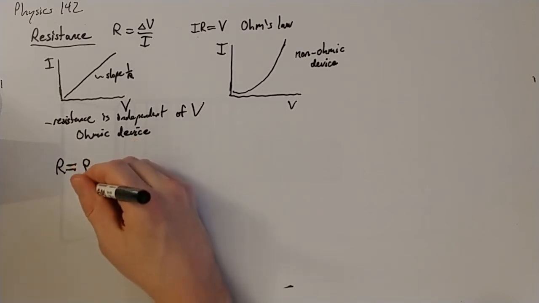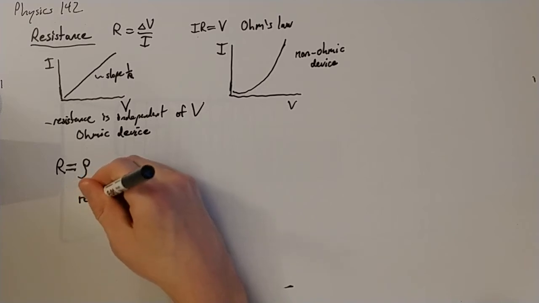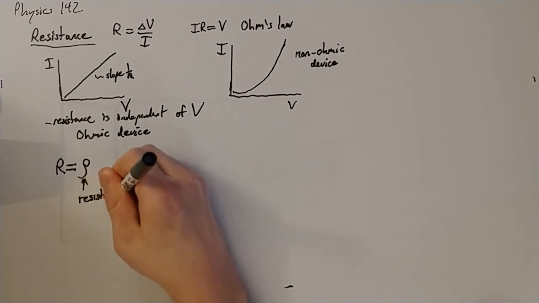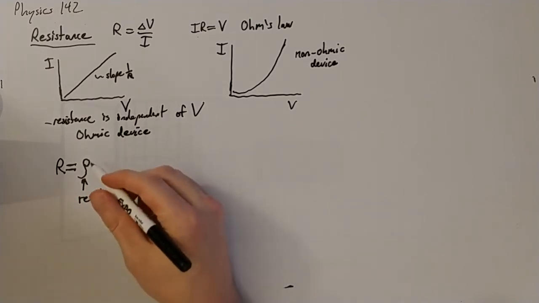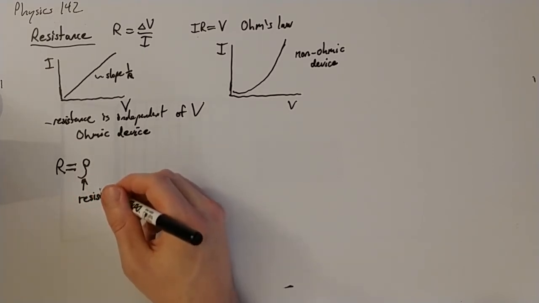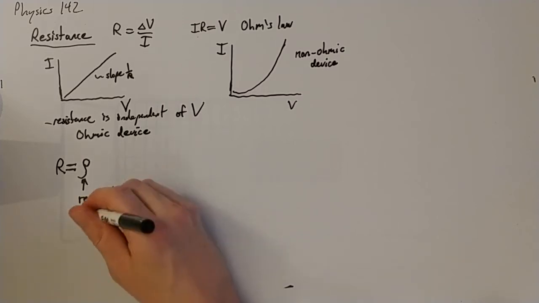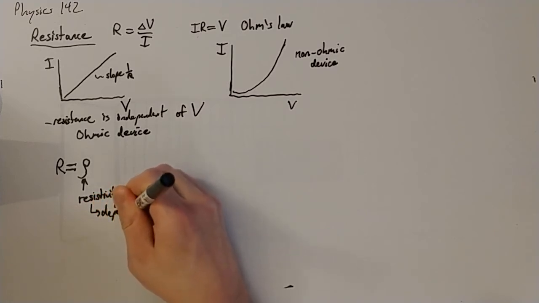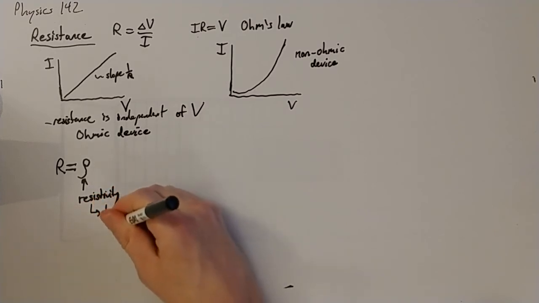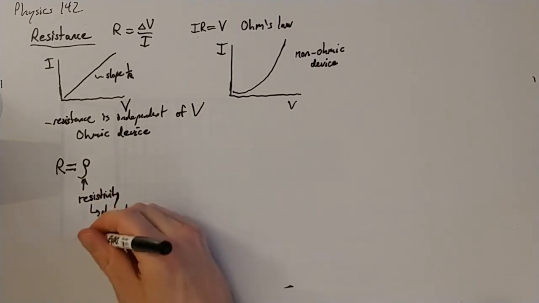And rho here is something we call the resistivity. The resistivity is something you look up in a table. It depends specifically on the material, and it also depends on temperature.